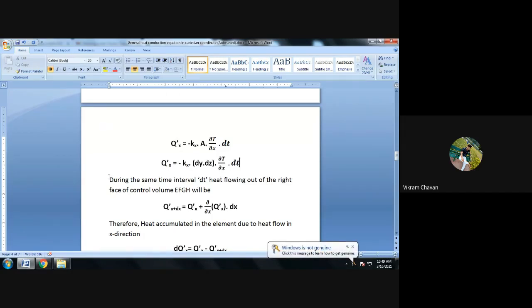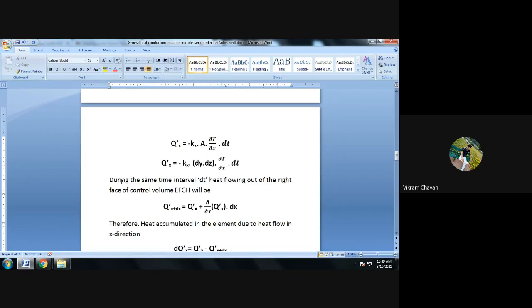So during the same time interval dt, heat flowing out of the right face of the control volume, that face is EFGH. Opposite of ABCD is EFGH.